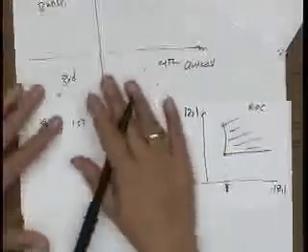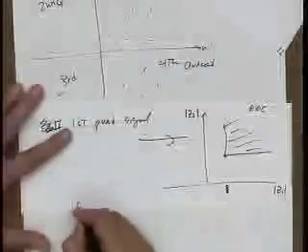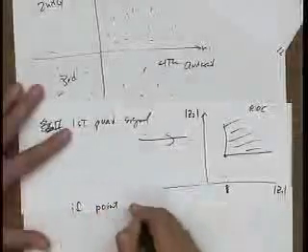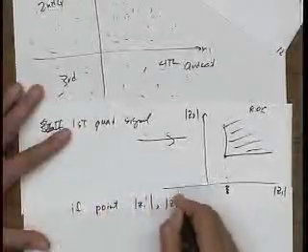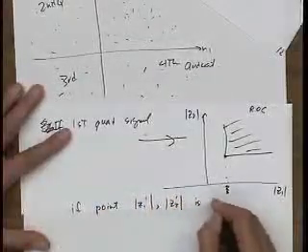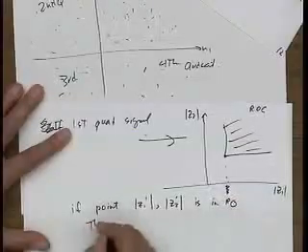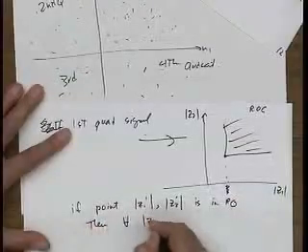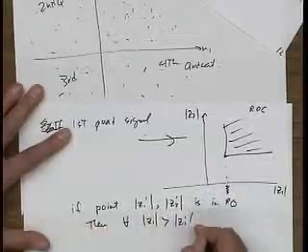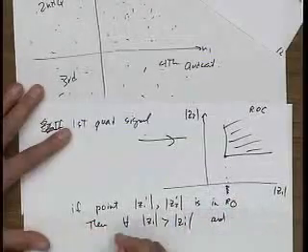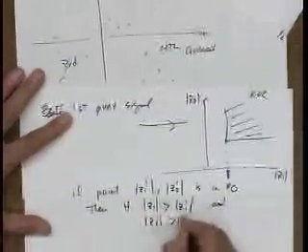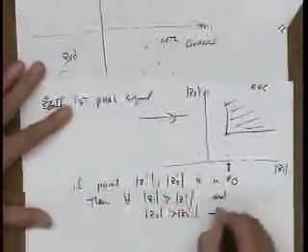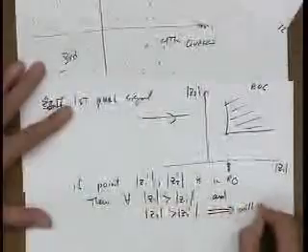What does that mean? That means that if a point Z1 prime, comma Z2 prime magnitude is in the ROC, then all Z1s whose magnitude is larger than Z1 prime and whose Z2 is larger than Z2 prime will also be in the ROC.